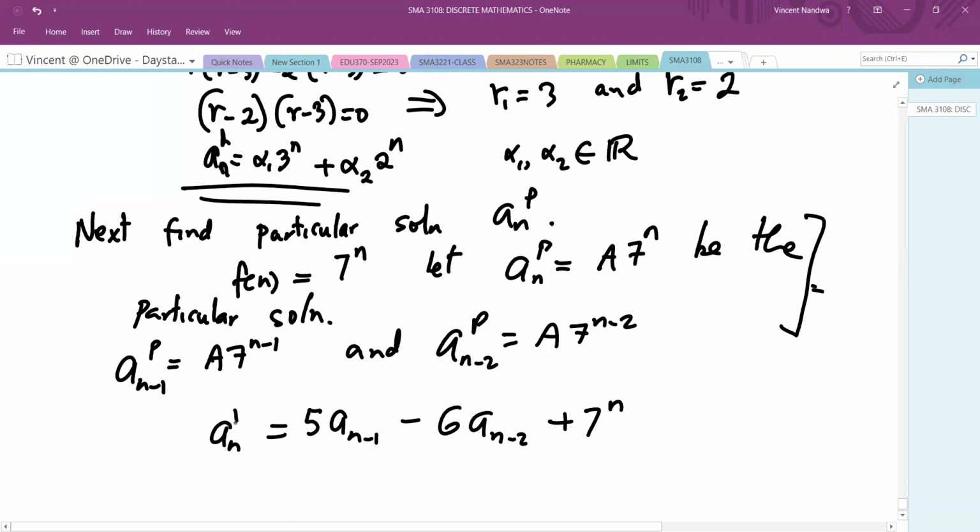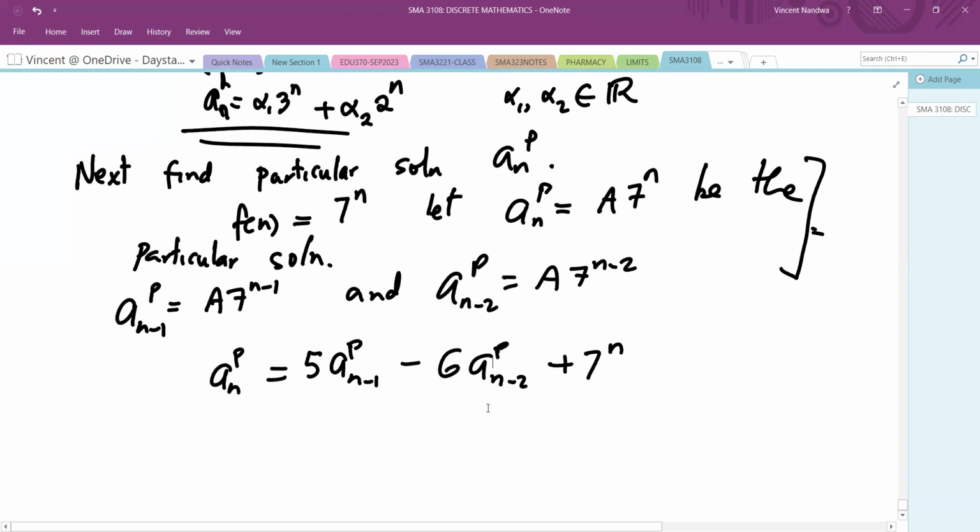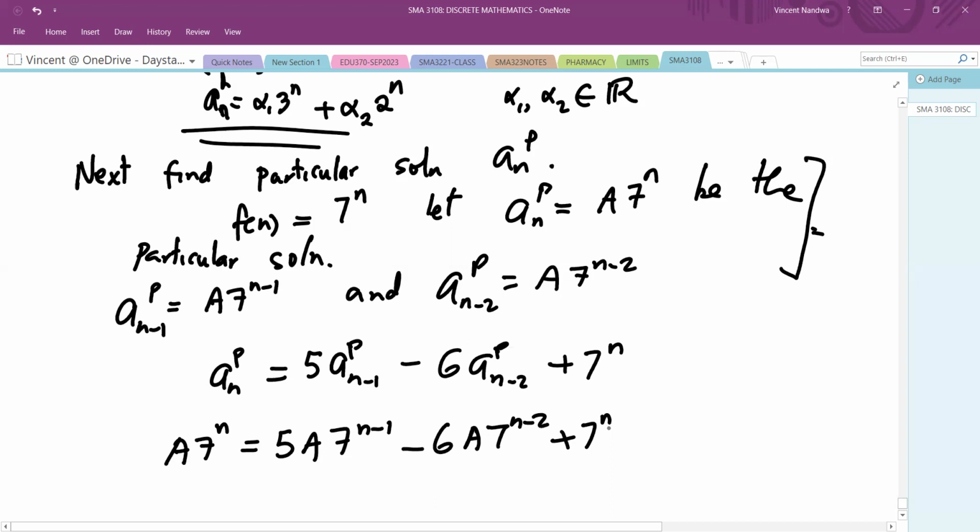So when I put the particular solution in each place, the same function should satisfy that equation. So A times 7 power n equals 5A times 7 power n minus 1, minus 6A times 7 power n minus 2, plus 7 power n.